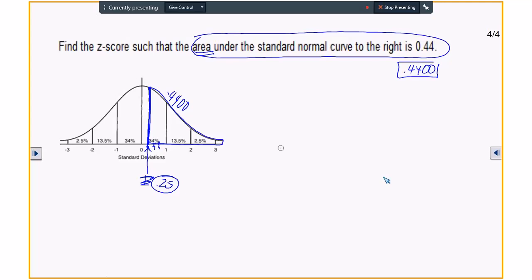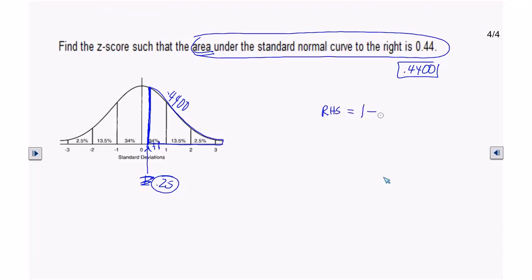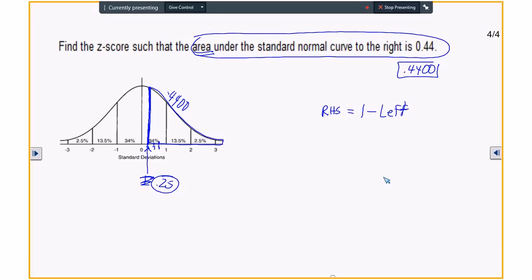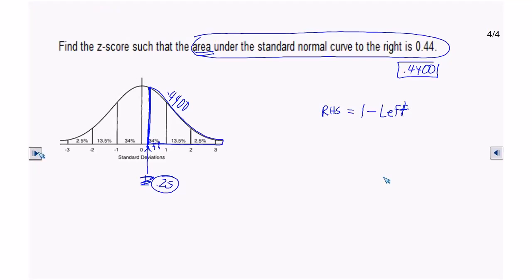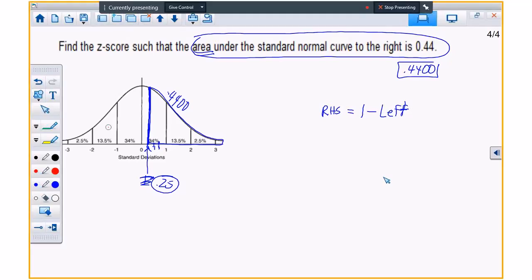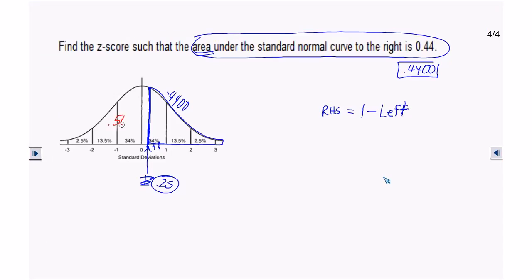You want to know the area on the right, so I think that's what you were going to ask. If you want to know the area on the right, you've got to subtract the area on the what? Left. So you might want to find this with your handy dandy calculator: 0.5600.